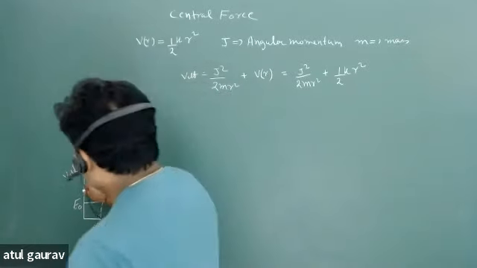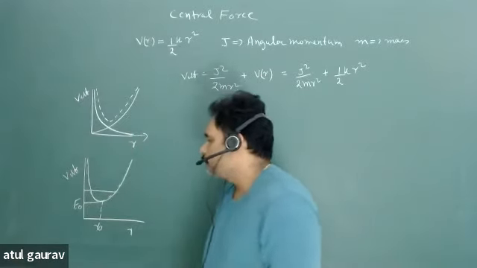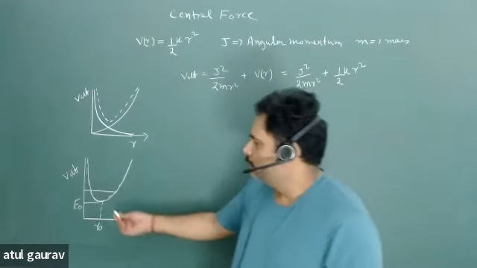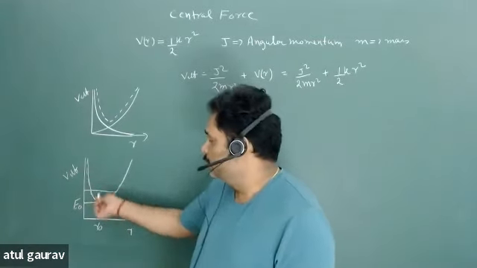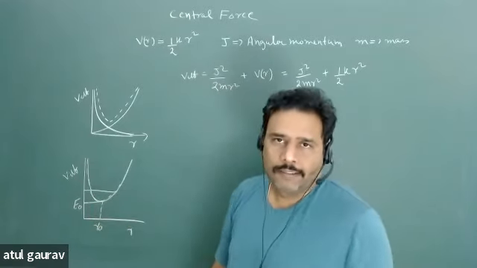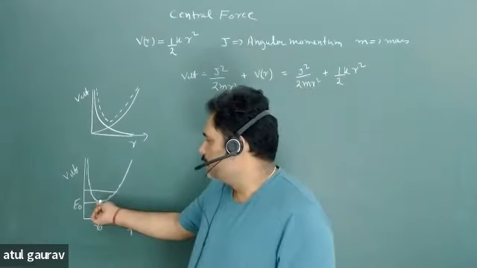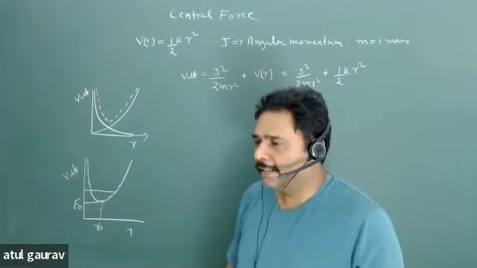What you have in this region is basically elliptical in nature, and for one dimension this is also equivalent to oscillation, isn't it? Because this point is nothing but a stable equilibrium point. Am I correct?